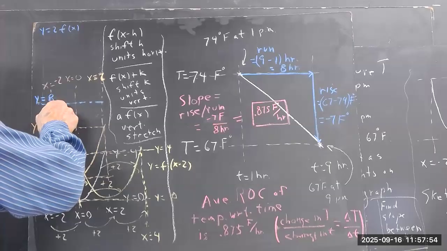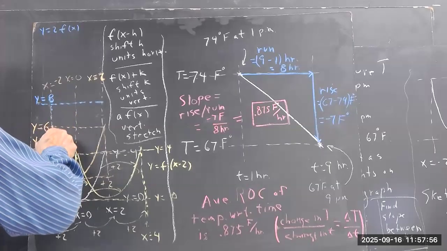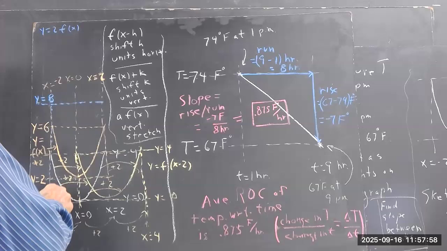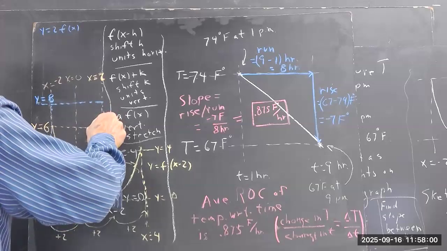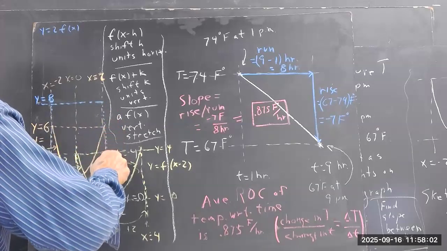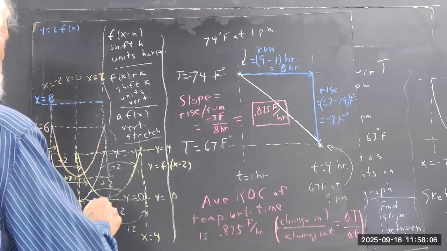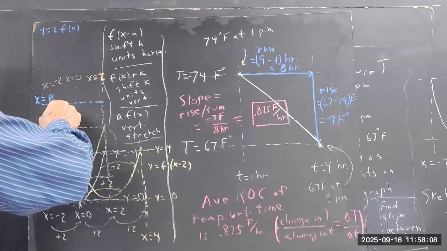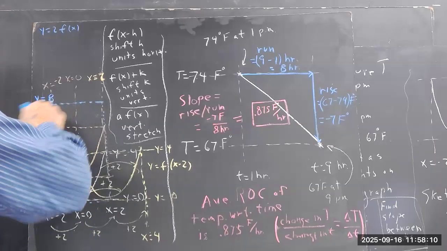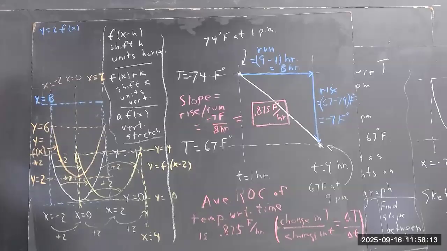So we can put some blue lines, dotted lines, and we can sketch a parabola here. Now, if you do the subdivisions, it's going to be easier.